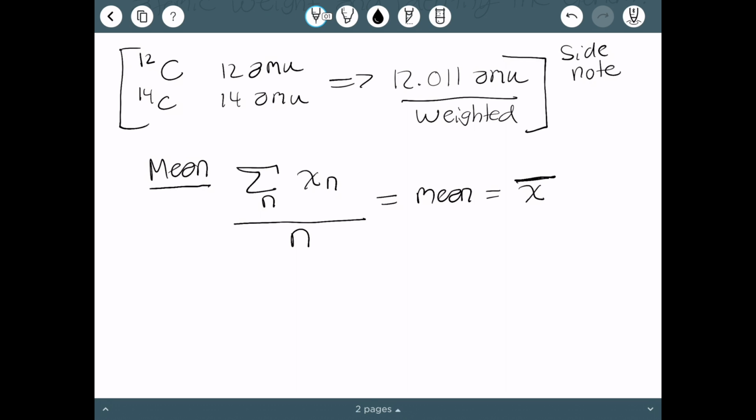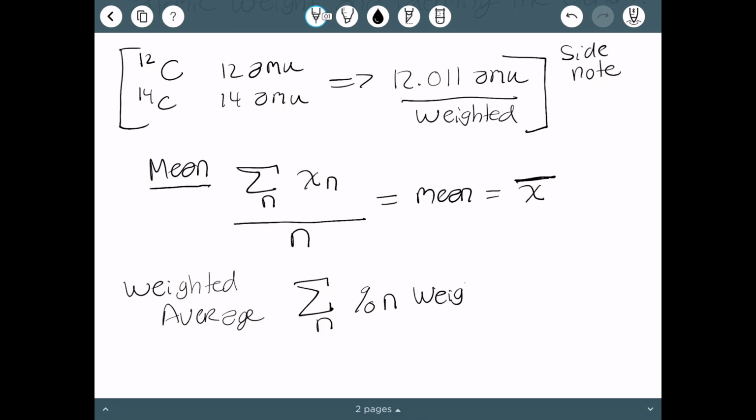In this particular problem, we need the weighted average. So in order to calculate the weighted average, you want to do another summation of the percent n times your atomic weight n.